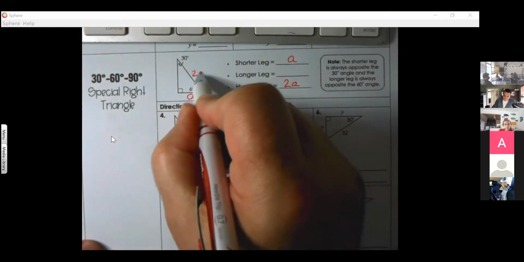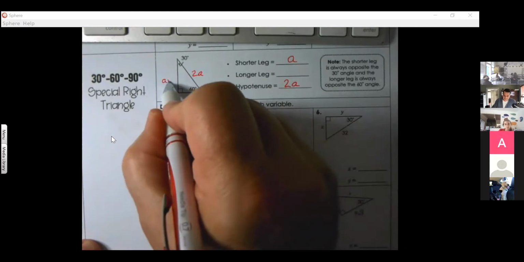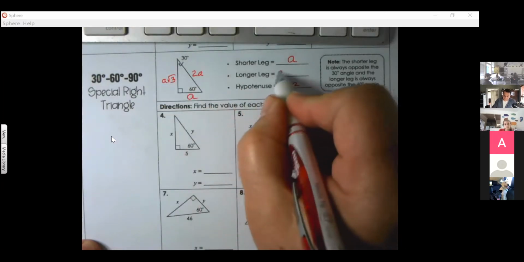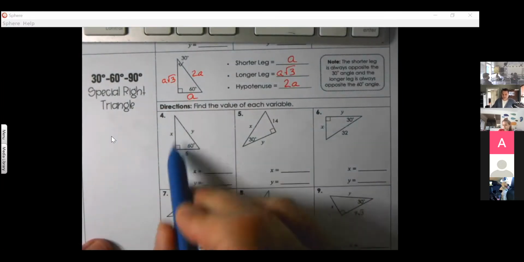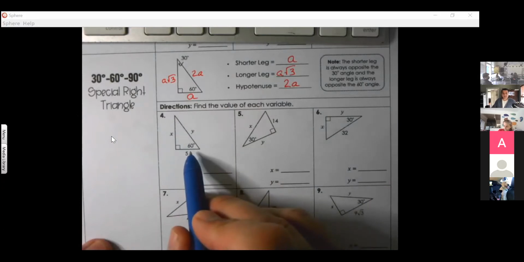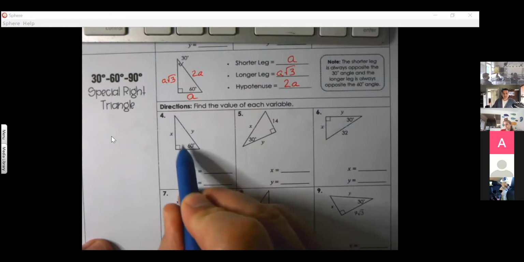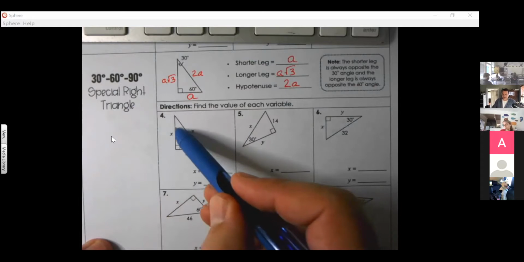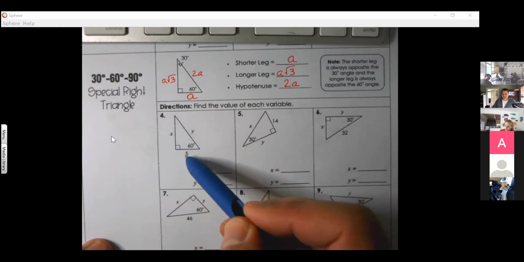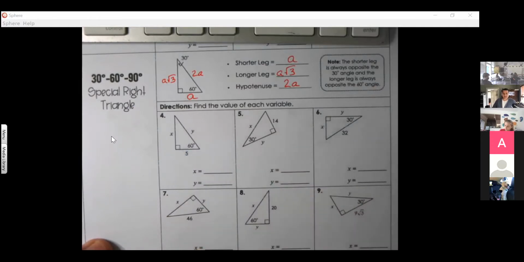And if that's 2A and that's A, I could do the Pythagorean theorem all day long. And what I'd end up for this third side is A root 3 all day long. So this means that when I'm given a right triangle that is one of our special right triangles, a 30, 60, 90, if I'm told that this smallest side, the side opposite 30, remember our triangle inequality says that the side opposite the smallest angle is the smallest side, opposite the mediumest angle is the mediumest side, and opposite the largest angle is the largest side.